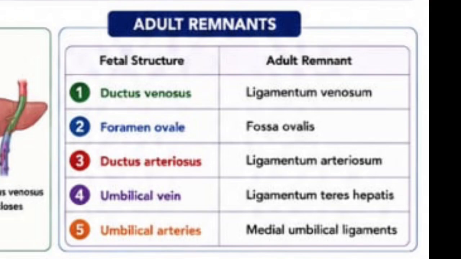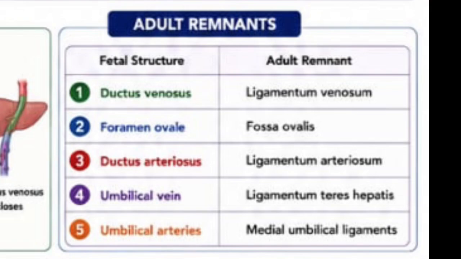If the umbilical vein reduces, remember, the umbilical vein carries oxygenated blood from the placenta to the baby. So if the umbilical vein becomes obliterated, it will form ligamentum teres hepatis, which is usually seen in the liver. If the umbilical arteries become obliterated, because the umbilical arteries take the deoxygenated blood away from the baby, it becomes obliterated because there's no more blood going there.